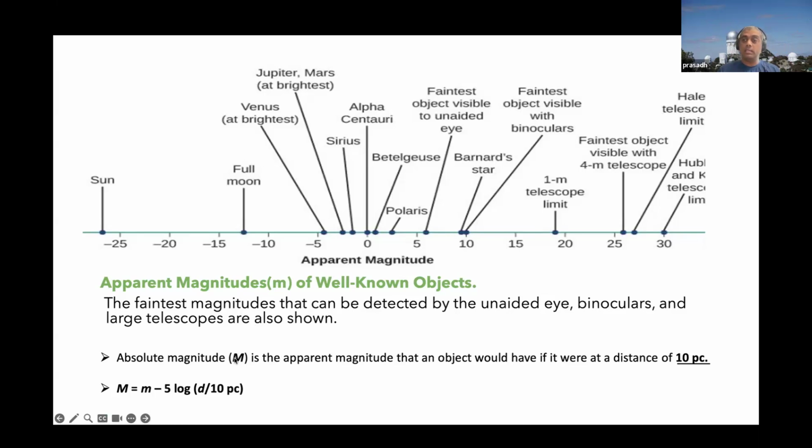And there is a relation between the absolute magnitude and the apparent magnitude, which is given by this particular equation, right? I'm not going to show you how it comes. This is actually not a very difficult thing to show, but my aim is just to introduce you to this equation to go into our next step about a different way of measuring distances.